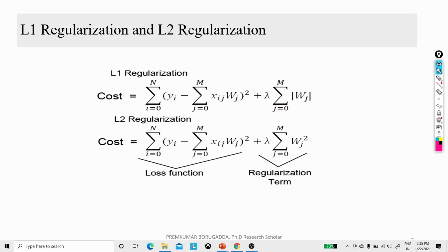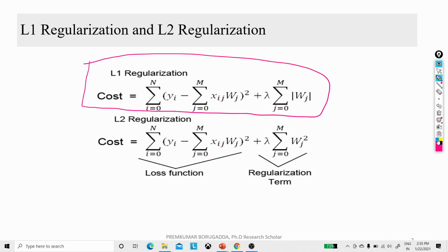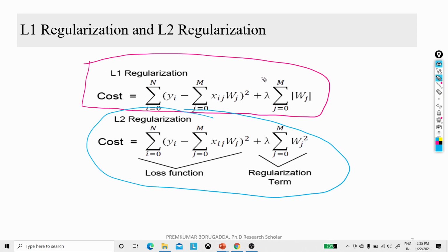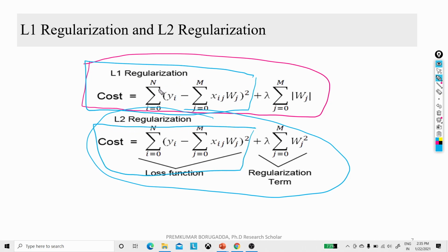So here, L1 regularization and L2 regularization. This is the L1 regularization, and this is the L2 regularization. Up to this part is the same. Here the number of observations is from 0 to n and the number of features is from 0 to m, and lambda is also the same.